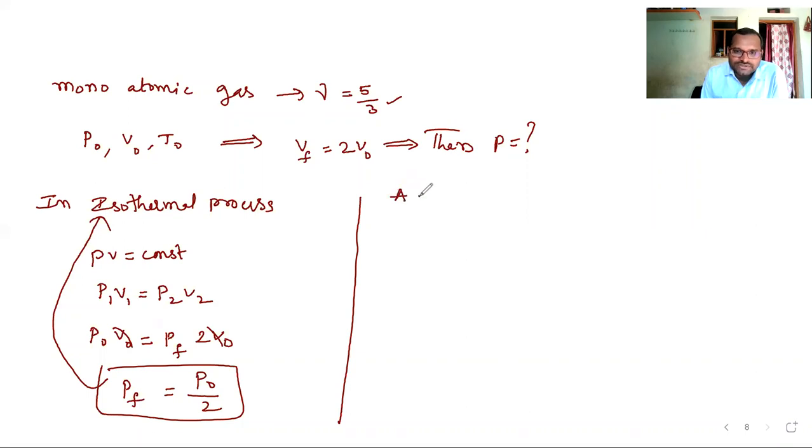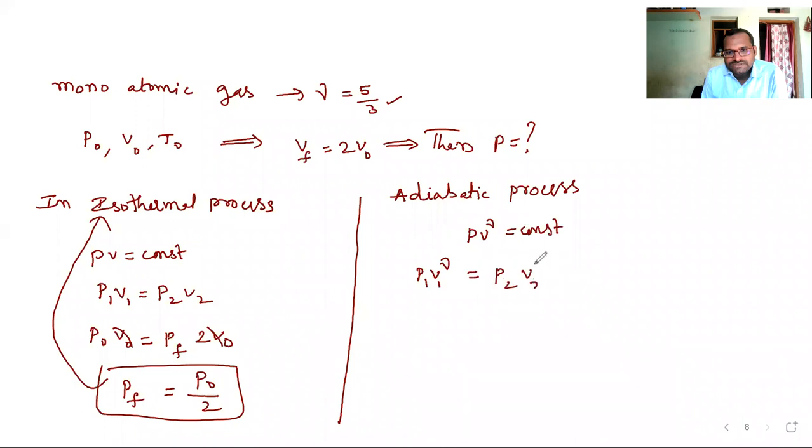See, in the adiabatic process, PV power gamma is constant. That means P1 V1 power gamma is equal to P2 V2 power gamma. P1 is P0, V1 is V0 power gamma, gamma is 5/3, equal to P2, which we need to find, into V2, which is 2V0, whole power 5/3.